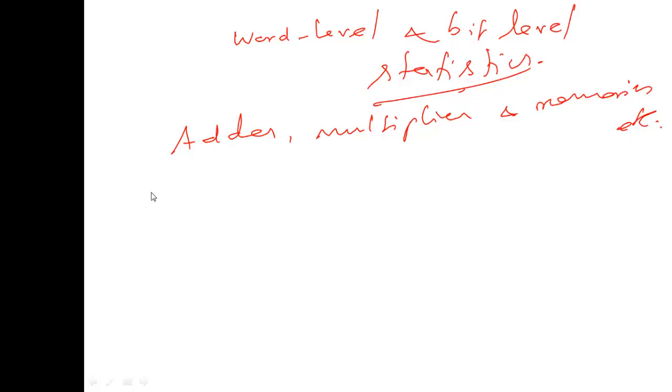Any particular value in a word is represented by, for i equal to 0 to n minus 1, for n bit data, b_i 2 power i. Therefore, each of the bits of the particular word of the length of n bits in each word, if I go for considering them, I represent like this.